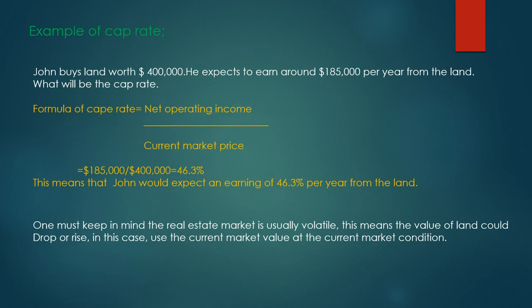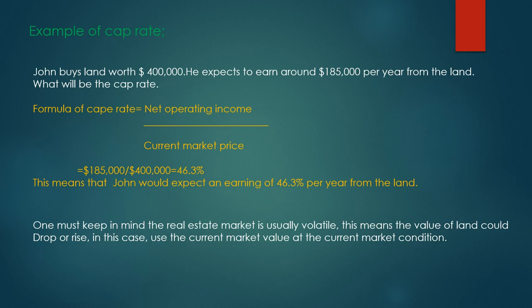So let's look at an example. John buys land worth $400,000. He expects to earn around $185,000 per year from the land. What will be the cap rate? Remember, the formula of cap rate is net operating income divided by the current market price.